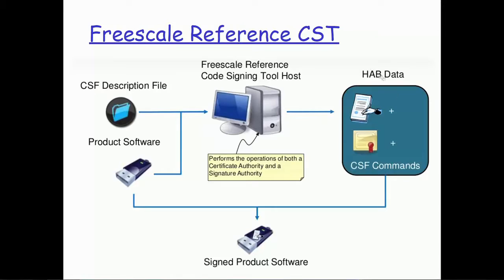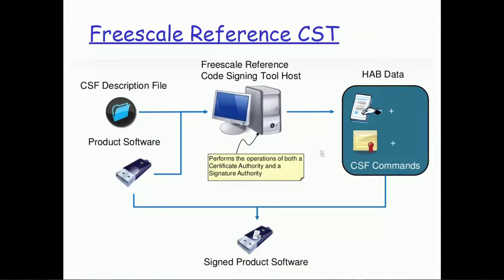So, this slide talks about how the CST tool really works. It takes a file called a CSF file, command sequence file, along with the product software. On the code signing tool host, these two files are given as input to the CST application.